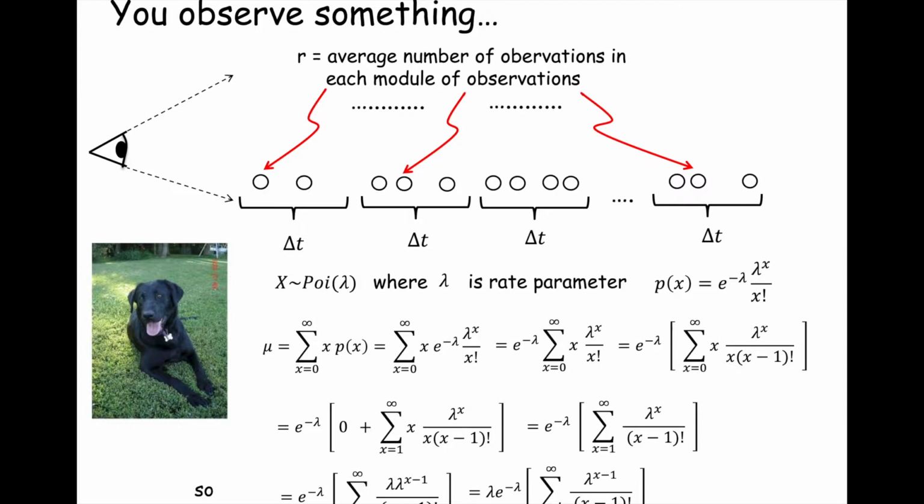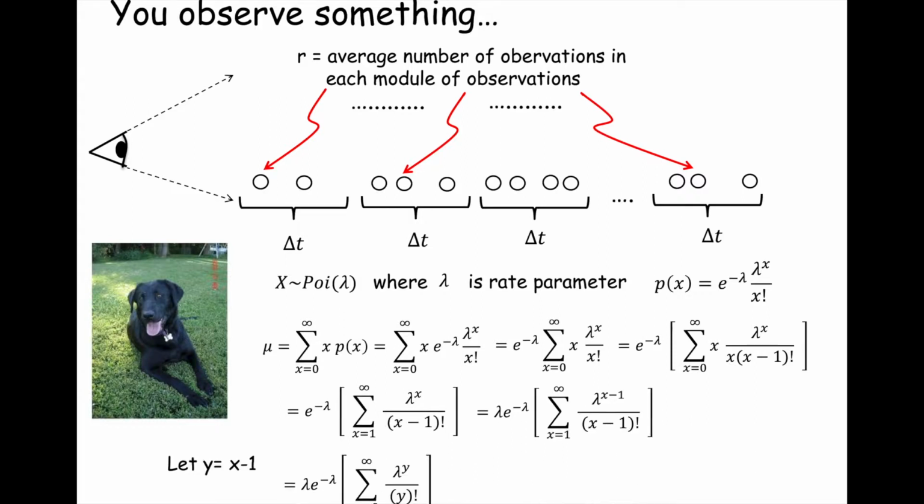Okay. So I do that, and now I'm going to say let this new variable I call y equal x minus 1. So y is equal to x minus 1. And I have my lambda e to the minus lambda, my summation. And it started out as being x equals 1 to infinity. And I had lambda to the x minus 1 in the numerator originally, and x minus 1 quantity factorial in the denominator.